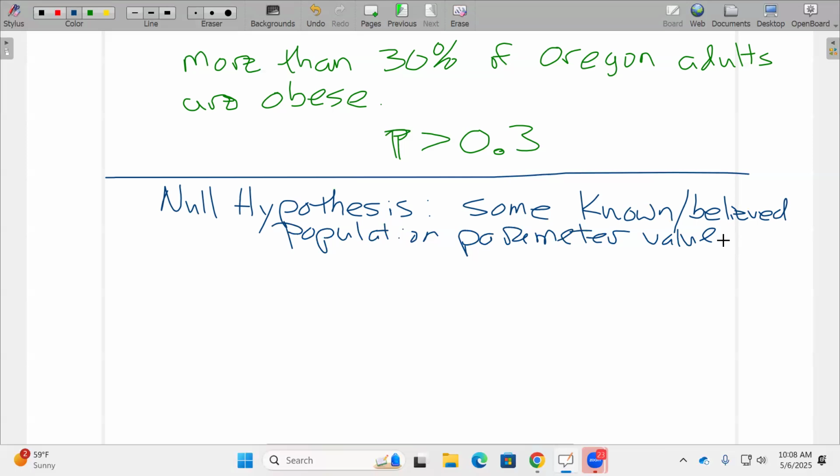A couple things about the null hypothesis. Again, it's known or believed to be something about a population parameter. That would be like, we think body temperature is 98.6. We think the percent of people in this region that are obese is about 30%. Okay, so that's some known or believed value for something we can measure about a population. Other thing about a null hypothesis, it has to have an equal to in it.